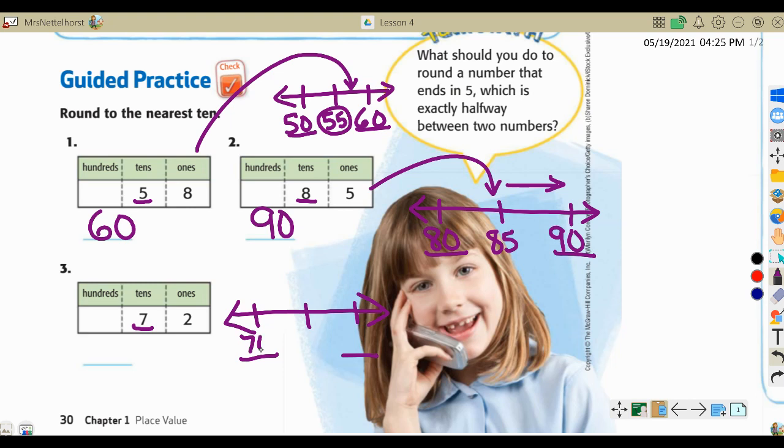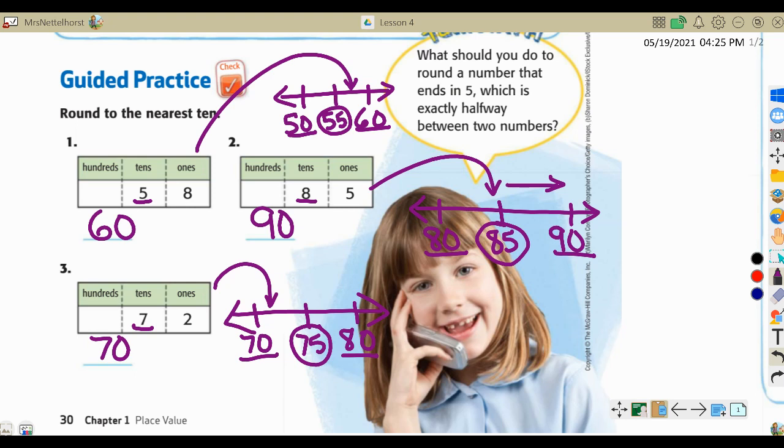I'm in the 70s, 10 more is 80. Smack dab in the middle is 75, and circle it. I keep forgetting to circle my middle number. Okay, and so I'm going to find 72 on this number line, 70, 71, 72. It is right here. So it is closest to 70, so the answer is 70.